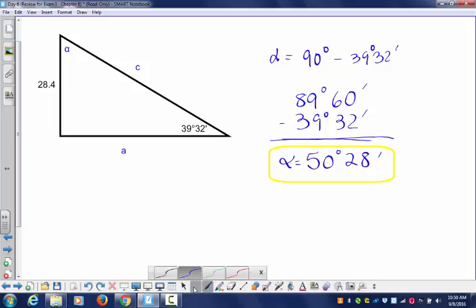What trig function would I use if I wanted to get that, that, and that? Tangent, because we're not using the hypotenuse. Anytime we're doing a trig ratio without the hypotenuse, it's going to be tangent.